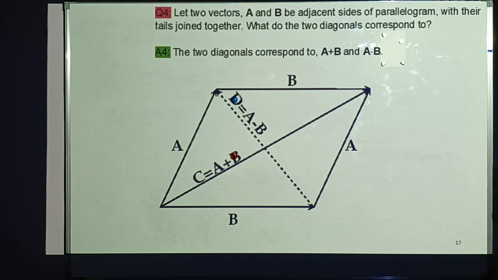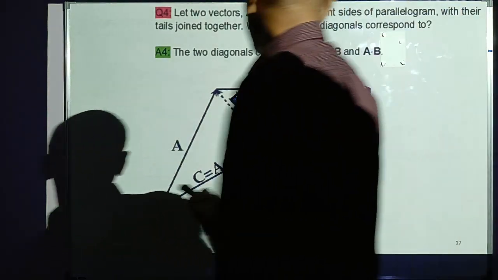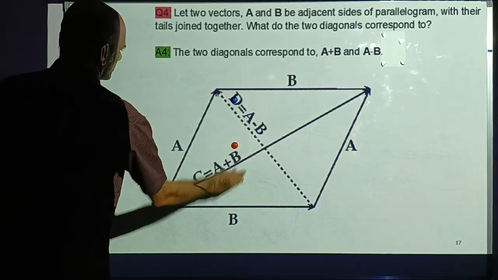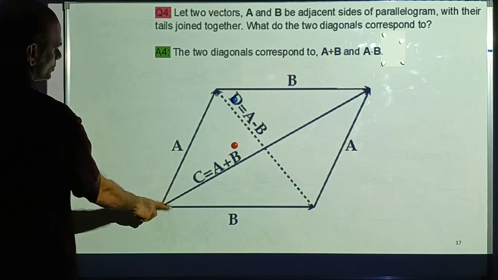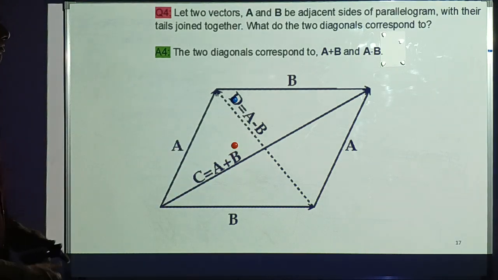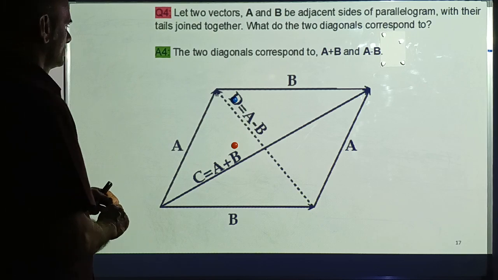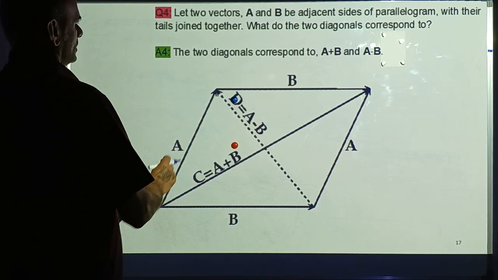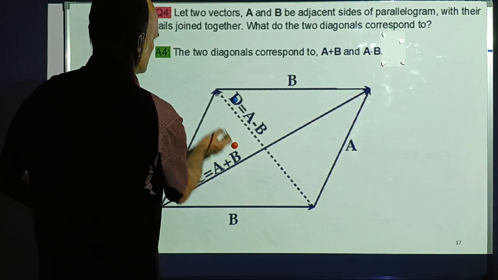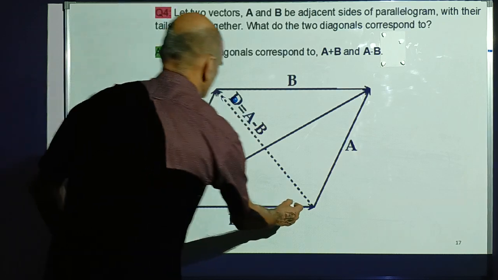Consider this question. Let the two vectors A and B be adjacent sides of a parallelogram with the tails joined together. What do the two diagonals correspond to? By using the parallelogram law, I can see this diagonal, which is between the two vectors, is A plus B. And the second diagonal is between this vector and this vector.